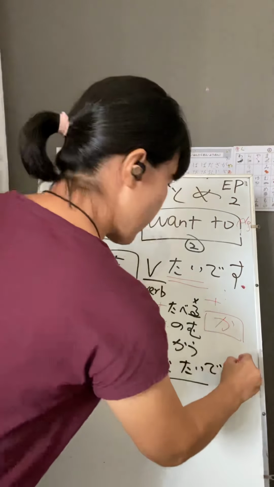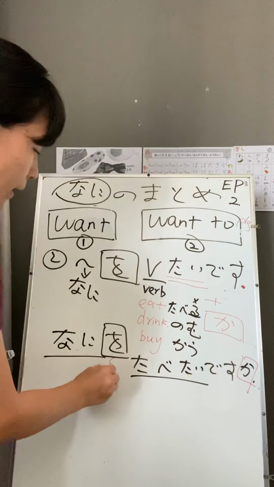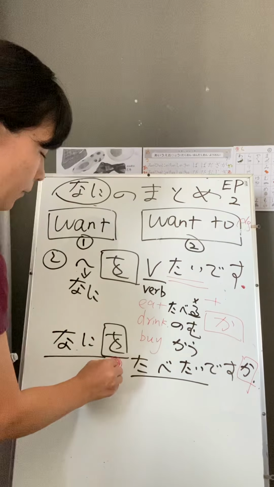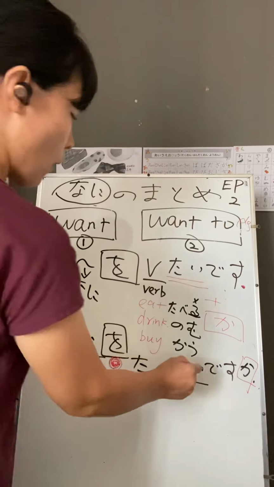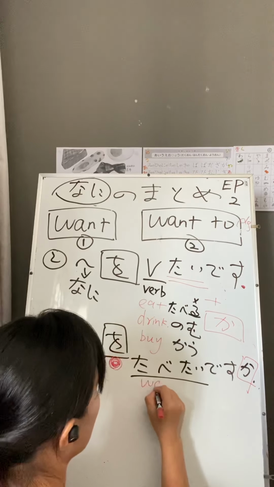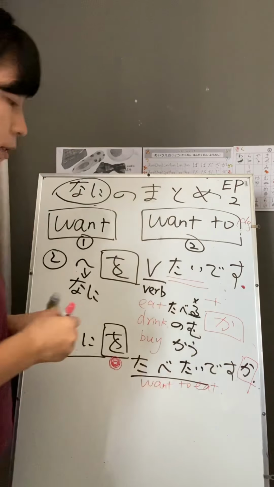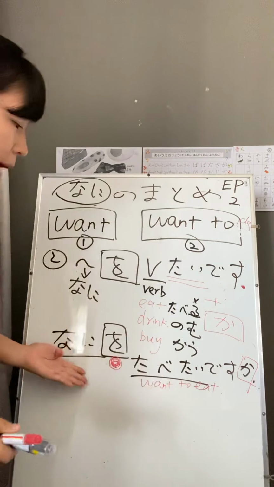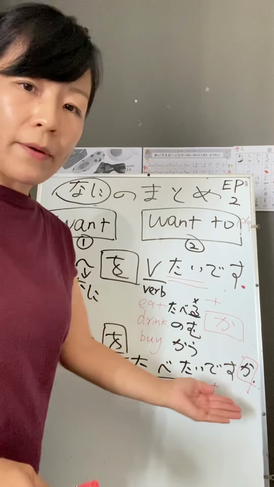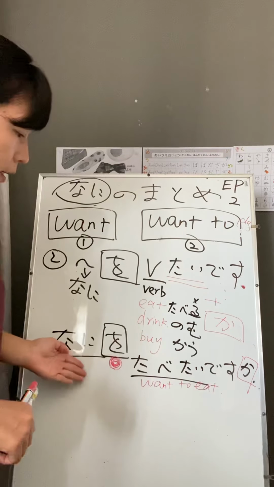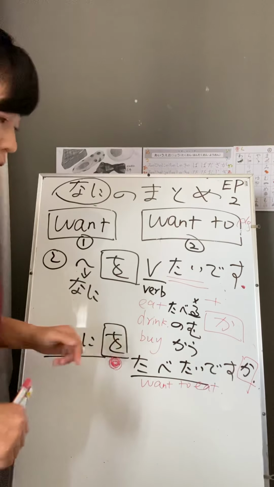I mark down our question marker here and then our object marker. 食べたい, want to eat. 何を食べたいですか? What do you want to eat?